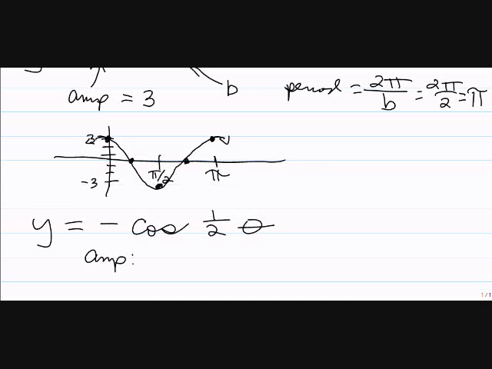Amplitude is always a positive number, so my amplitude is officially 1, even though I've got that negative sign out there. What's my period? 2 pi divided by 1/2 is 2 pi times 2 over 1, which is 4 pi.